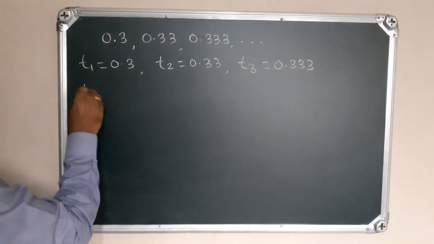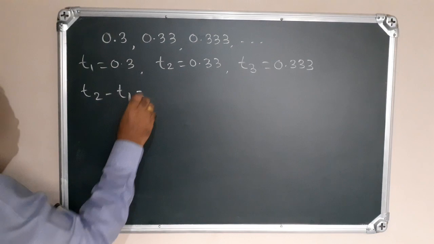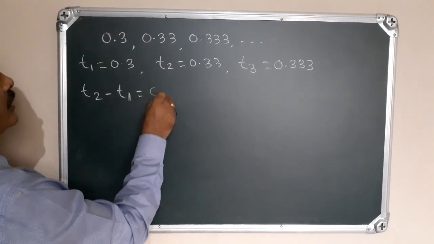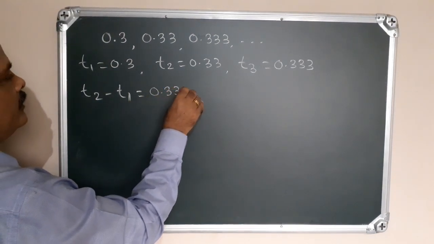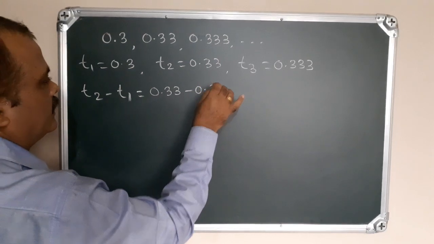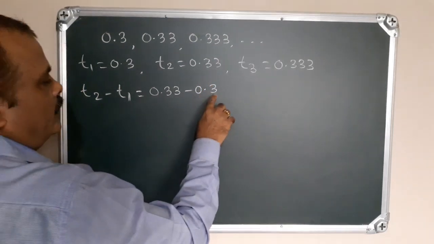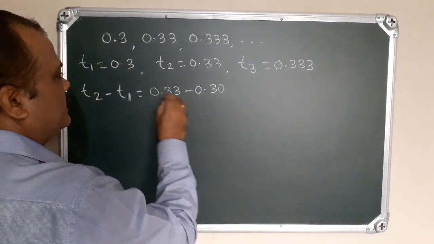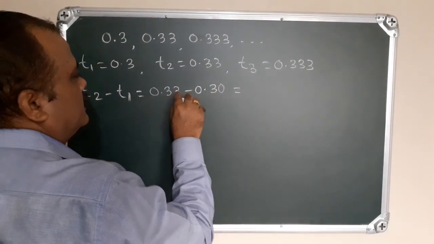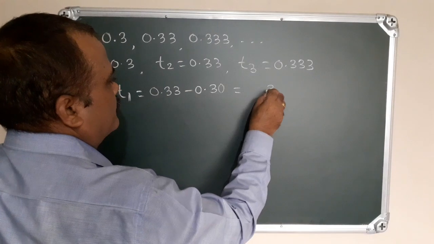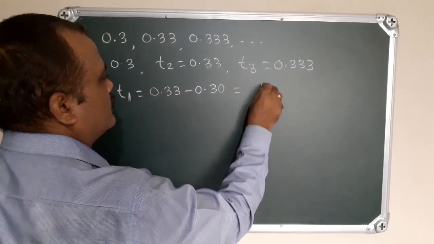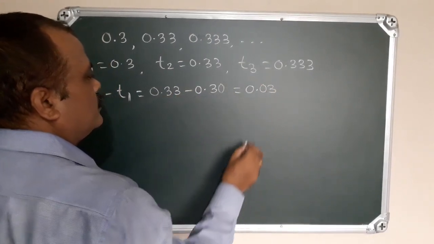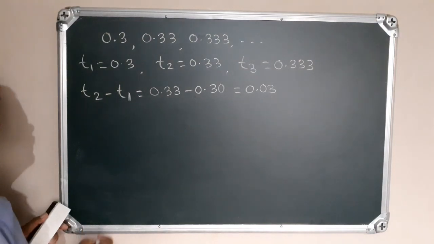So first calculate T2 minus T1, that is 0.33 minus 0.3. So 0.3 can be written like this, 0.30. So what is the subtraction? 3 minus 0, 3. 3 minus 3, 0. Point, and 0.03.